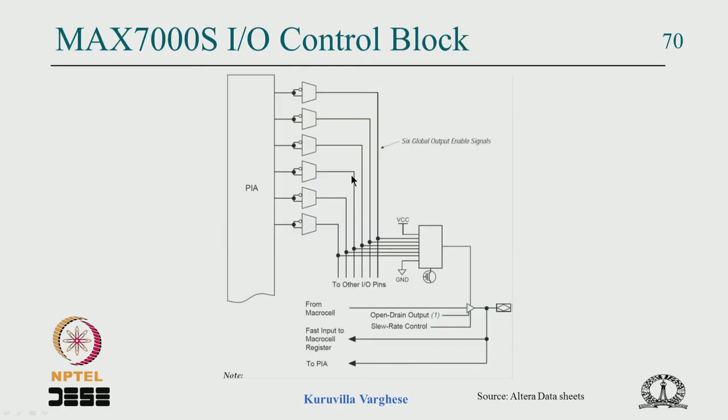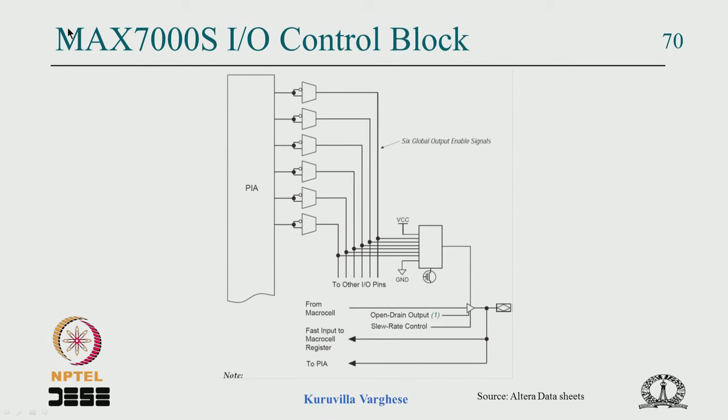So it's quite useful. If you look at the MAX 7000S IO control, there will be a tri-state gate as the IO pin: there is output if it is enabled, input if it is disabled. There is a mux by which you can permanently enable, permanently disable, or choose the various output enables from this huge switch, because we have seen there are multiple output enable pins coming to the product term crossbar.